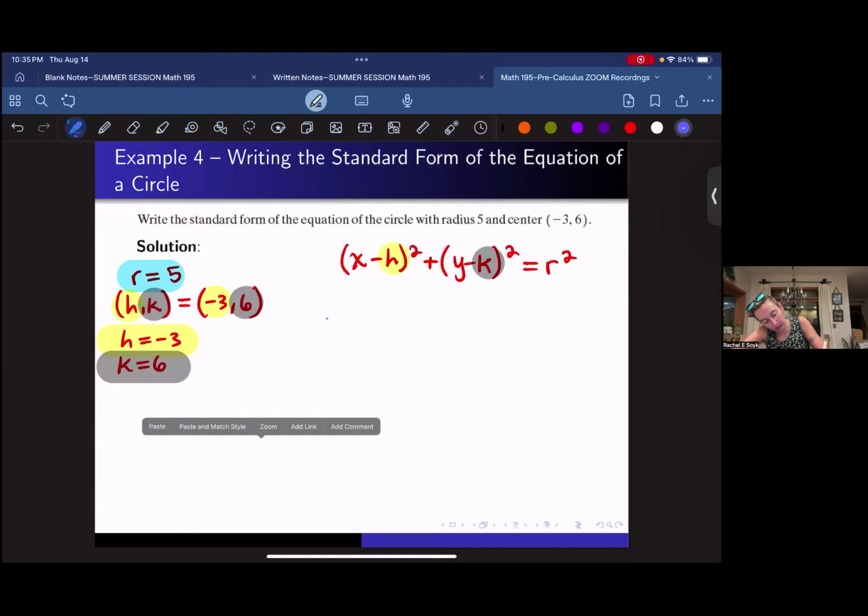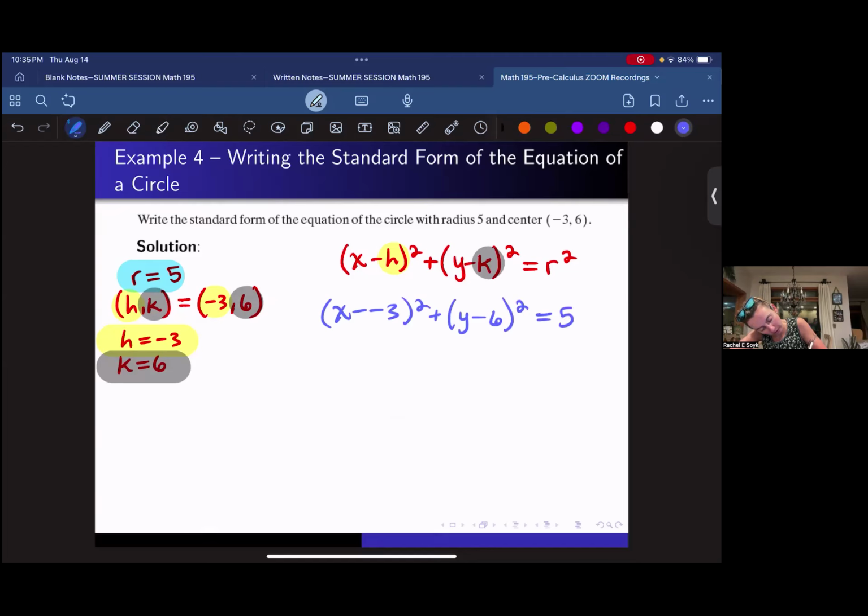So we end up with x minus -3 in parentheses squared plus y minus 6 in parentheses squared is equal to 5 squared. Can simplify a little bit. 2 negatives next to each other give us a positive.